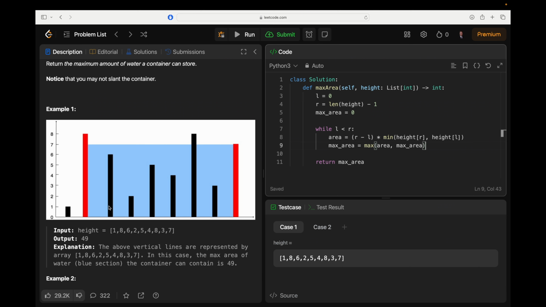But we can instead tick one of them in. And if we tick the lower of the two inwards, being this one right here, and we move to the possibility of the left post being this one, it's possible that it grows in height.